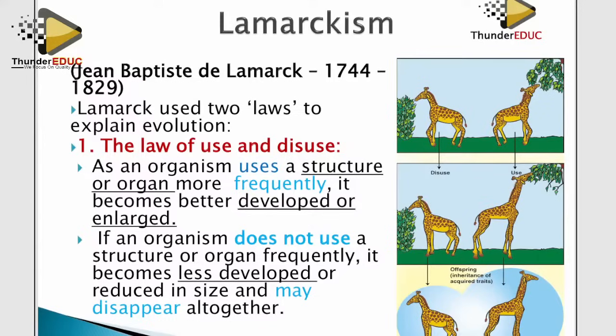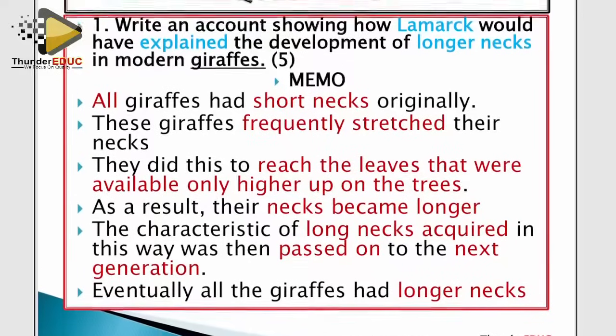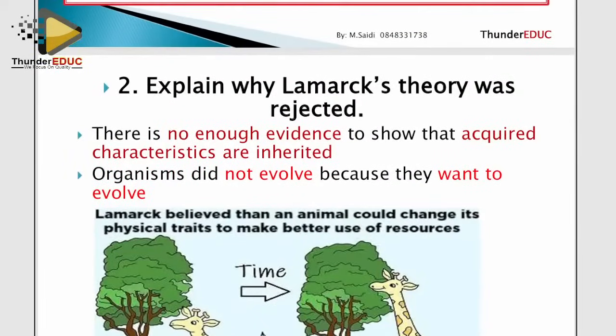Why is Lamarck's theory rejected? That's what I'm going to focus on. Lamarck's theory is rejected because there is not enough evidence to show that the acquired characteristics are inherited. Don't just say that there is not enough evidence to support the theory.